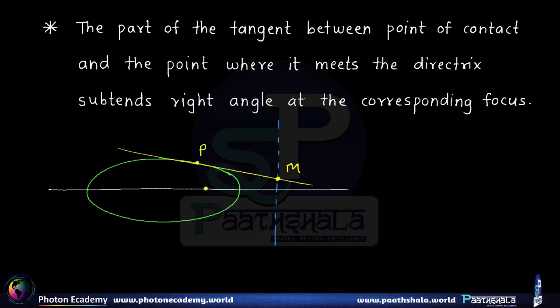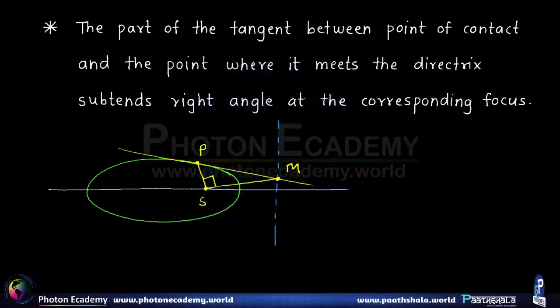tangent. So if we join the point with the focus, and also we join the point where the tangent is cutting the directrix with the focus, these two will subtend a right angle at the focus. So PM is the part of the tangent between these two points which subtends a right angle at the corresponding focus.